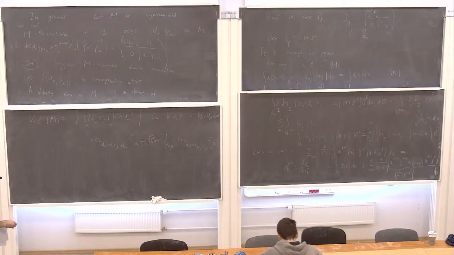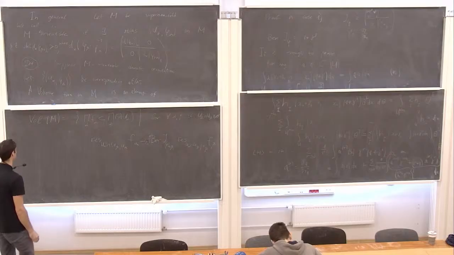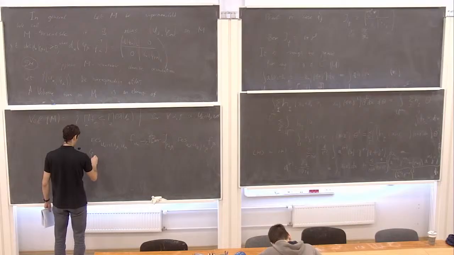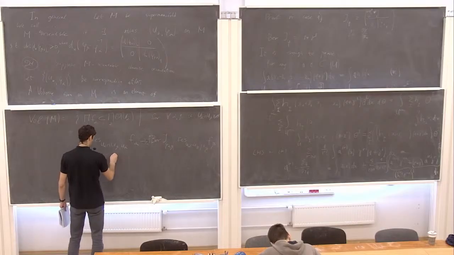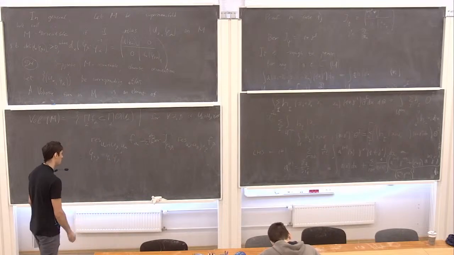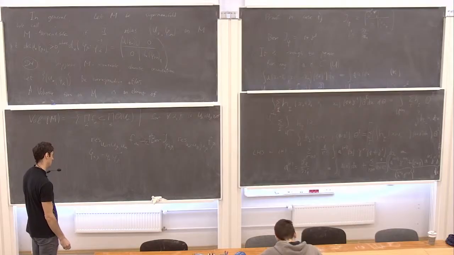I didn't introduce this notation, but it's clear what I mean. Phi alpha beta is phi beta inverse phi alpha, right?